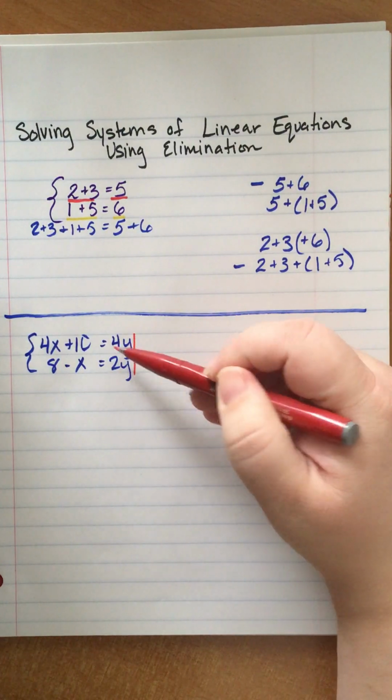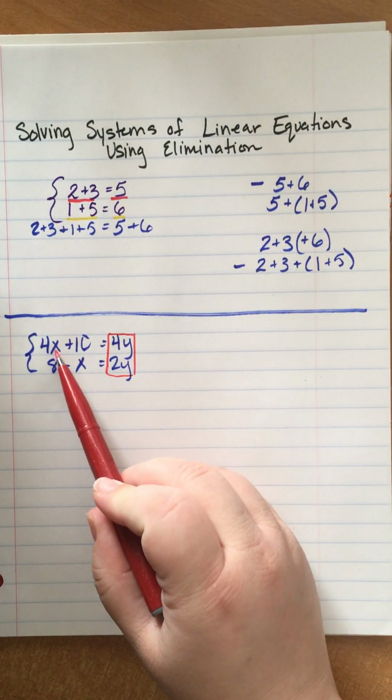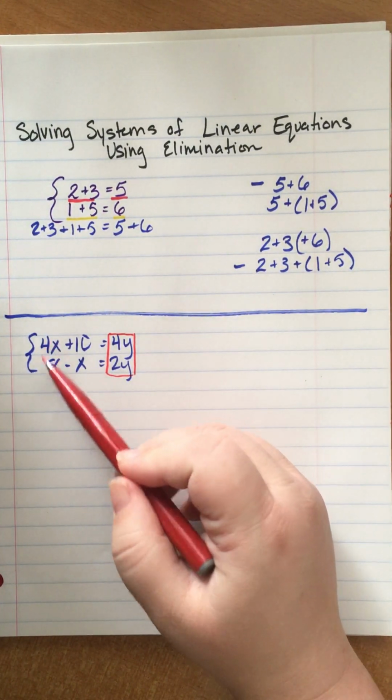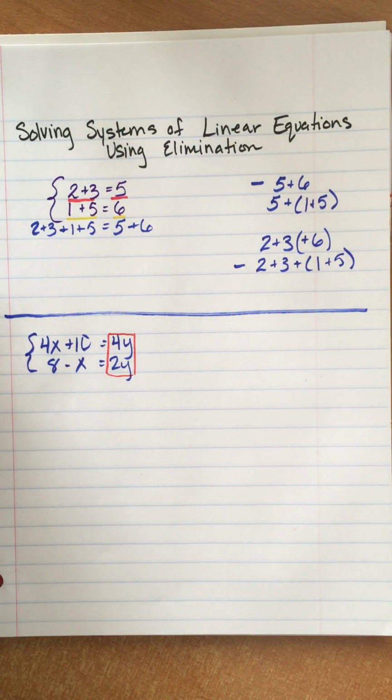I do have my y values lined up, but my x variable here is lined up with the numerical value. In order to make this work, I need to make sure everything is lined up. You could technically do it mentally once you're comfortable with it, but to make sure our signs match and to make sure we make no small errors, we want to get in the habit of rewriting.